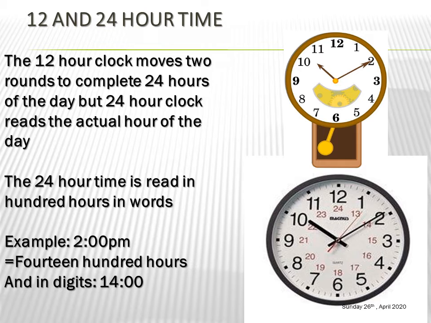Okay? Now, it goes on and on like that up until 12 midday. By 12 midday, the 12-hour clock will say 12 p.m. The 24-hour clock will also say what? 12 hours. That is half of the day.